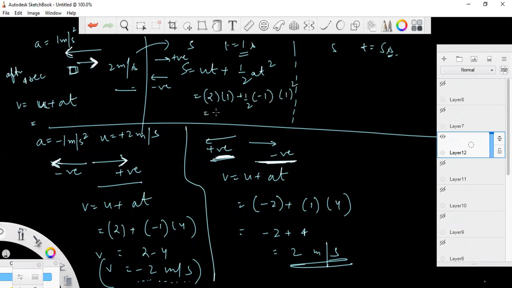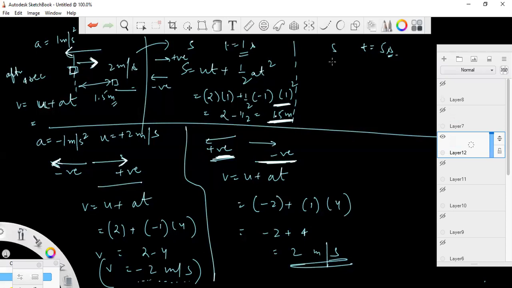What is this value? This is 2 minus half, right? Yes. So this is 1.5 meters. 1.5 meters in which direction? Right or left? Right, no? It's moving from the initial position. When time is 1 second, it is 1.5 meter to the right. Is that okay?